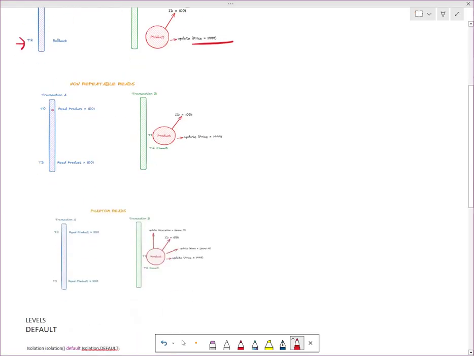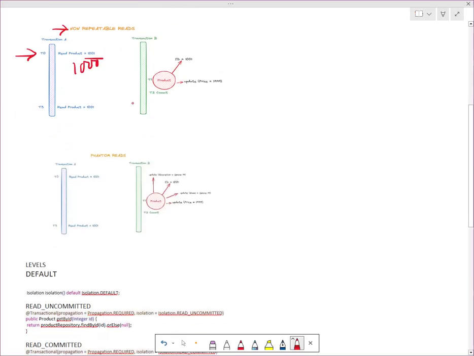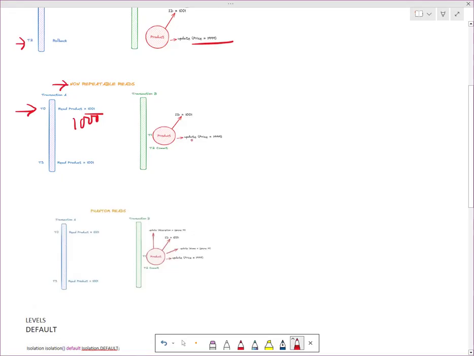Next is the non-repeatable read problem. So what is this problem? At time t0, transaction A reads the product with ID 1001, suppose at $1,000. By time t1, transaction B updates the price of the product to $1,999, and there was no exception, so at t2 it committed.